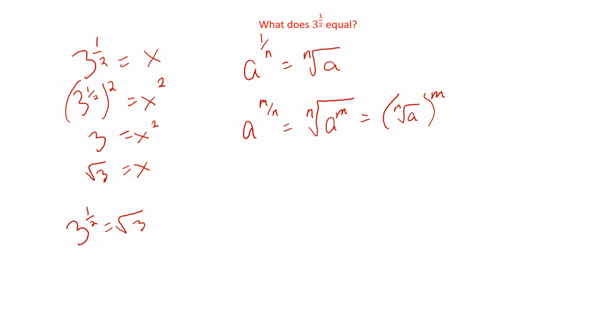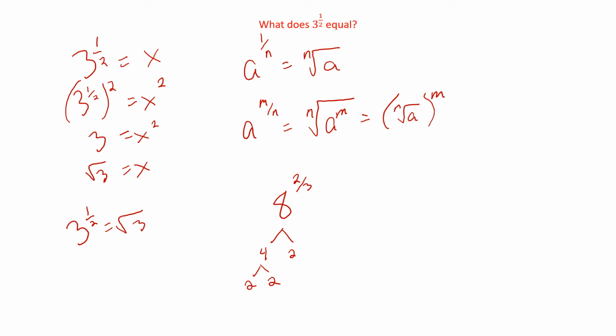So if we wanted to do an example on something like this, we could have, say, 8 to the 2/3. And so we're going to simplify. We could take 8 and square it, and then find the cube root, or we could do the cube root and then square it. What's the cube root of 8? Well, if we do a factor tree, we get 4 times 2 and 2 times 2.